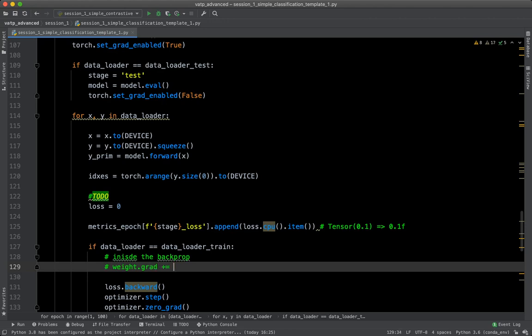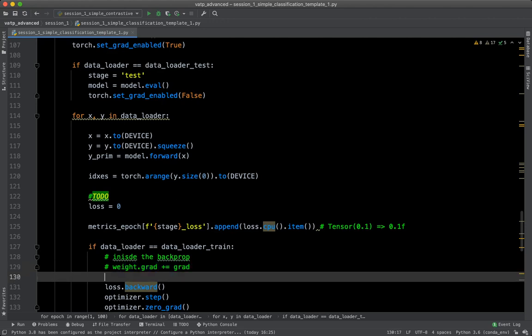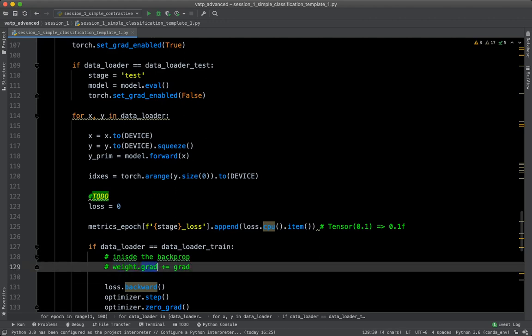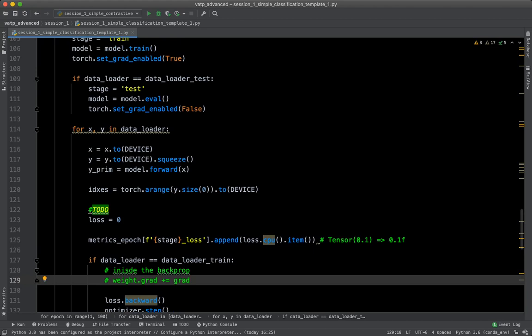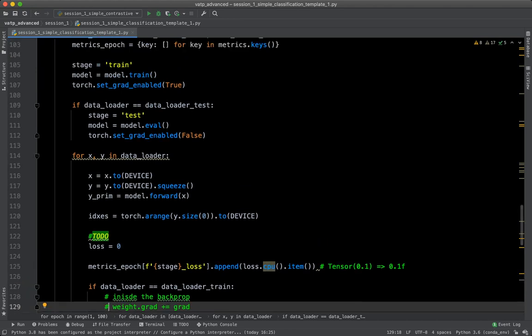So if we call backward multiple times, it will just add the gradients together, and it will always keep a gradient matrix for every weight. If you set gradient enabled false, it would not do this procedure at all. It will just skip all of the gradient calculations and adding them to the weight gradient matrix. So that is a little bit of help for the speed up and reducing the memory footprint.